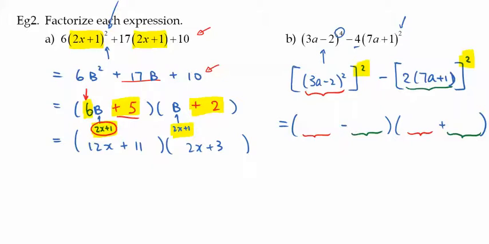From this one, 3a minus 2. As we put it here and there, I will end up with, let me expand it at the same time, 9a squared minus 12a plus 4. This is what I will get when I square the 3a minus 2.